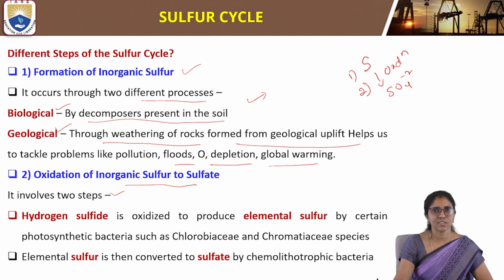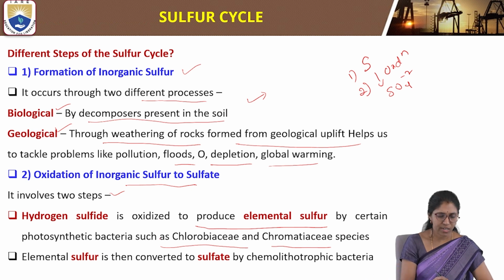First, hydrogen sulfide is oxidized to produce elemental sulfur by certain photosynthetic bacteria such as Chlorobium and Chromatium. These are different species.